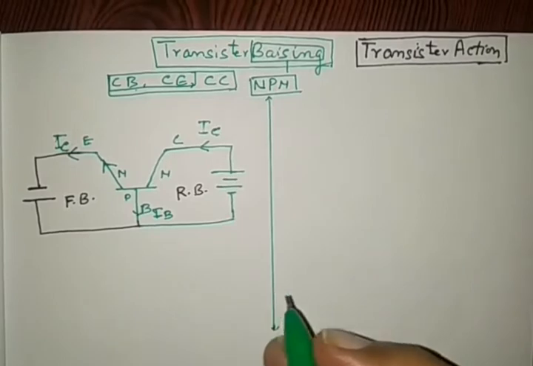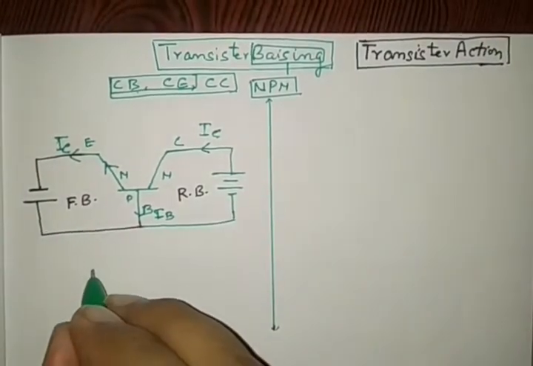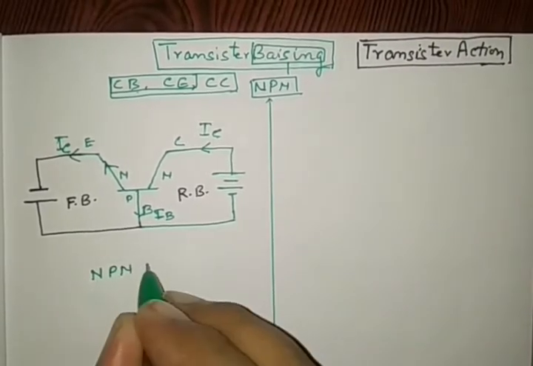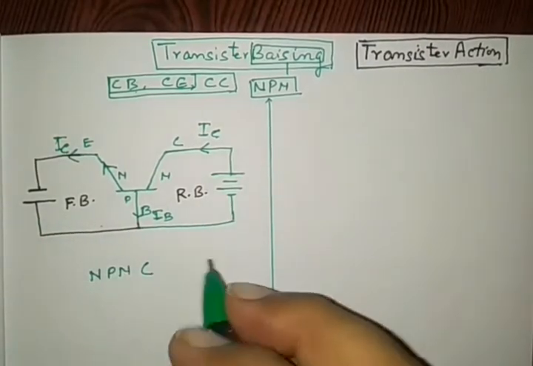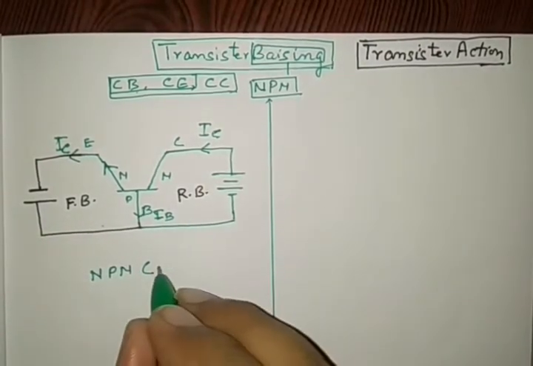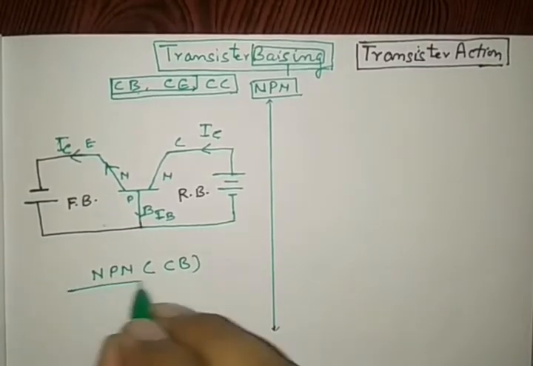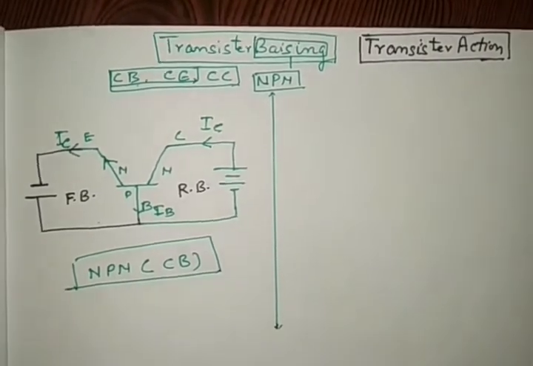And one more thing, we can see this is N, P, N transistor, and the base is common in input and output. Base is common, so it is common base configuration. This is how this biasing is done.